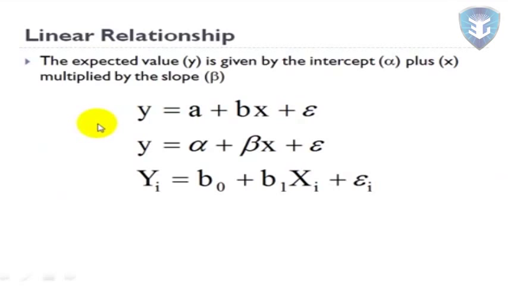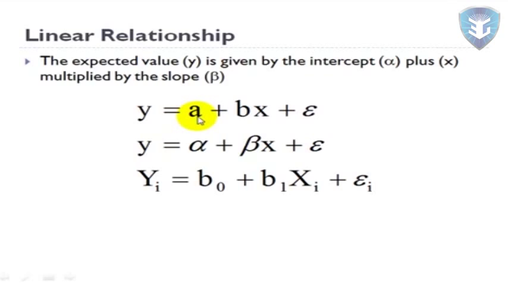So this is the linear regression formula. Pretty simple. I show it here three ways because sometimes we see it with different notation and we don't want to be thrown by the notation. These all mean the same thing. In some cases the intercept may be Roman a or Greek alpha or even b sub 0. But in all cases, if I just take this first one here, we have y, the dependent variable, is a function of or equal to the intercept.